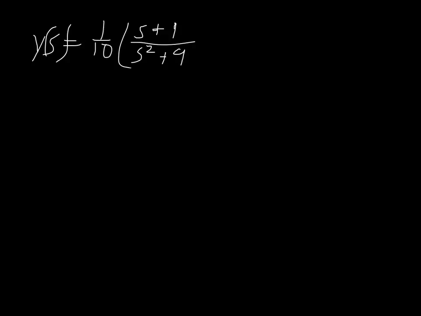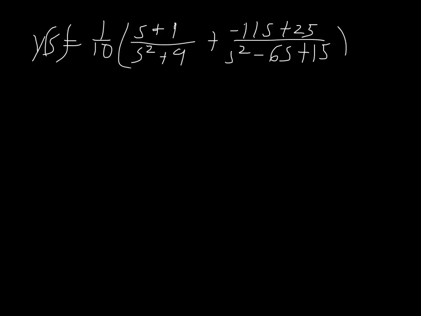And the reason why you want to take a 1/10 out is because it'll make it easier to recognize our Laplace transform functions and relate it back to the tables that they have in the Laplace transforms. So that's the main reason why we wanted to take out that 1/10.